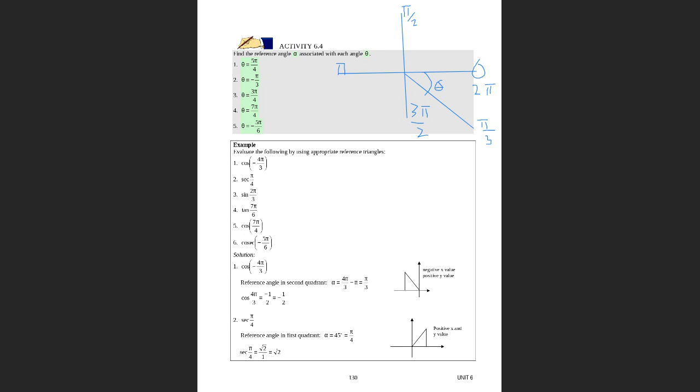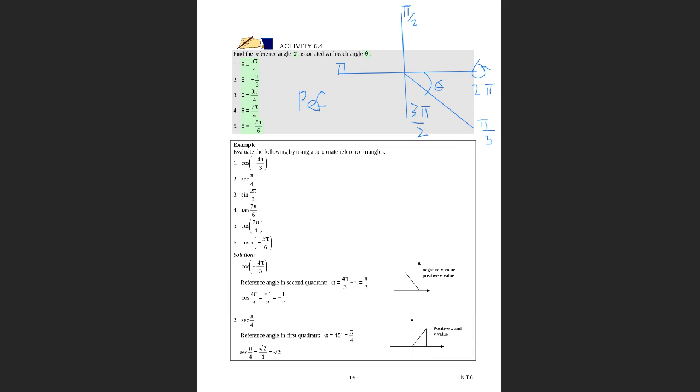The process is still the same. Our reference angle will be, let us remember that the sign only shows the direction. The sign doesn't mean anything else. It just shows us which direction we are going: clockwise or anti-clockwise.